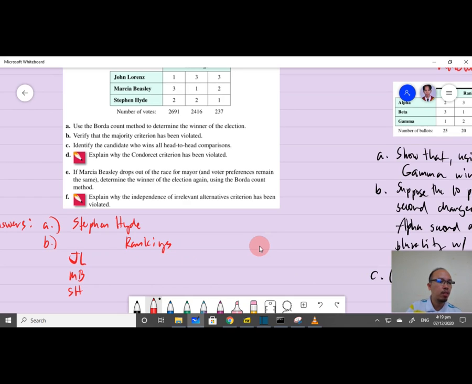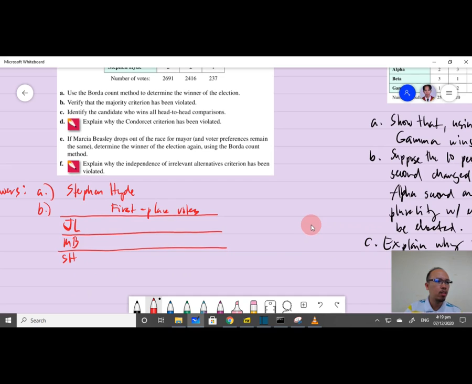Okay, and then all we have to do is to get the first place, not rankings, but the first place votes. Okay, so let's make a table here. Okay, so let's calculate the first place votes.